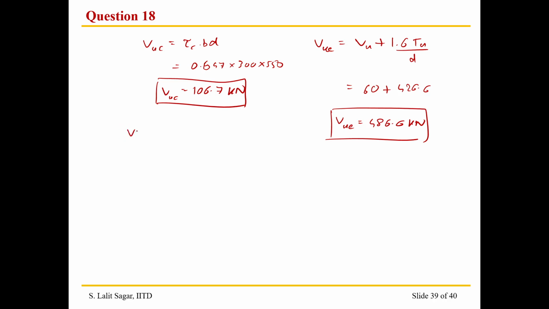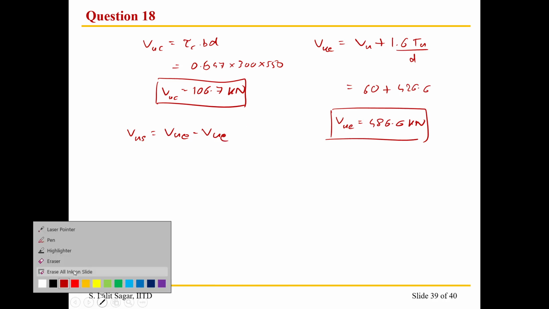Now VUS is equal to VUE minus VUC. Now it is very much straightforward. Yeah, sorry, it has to be VUE minus VUC.